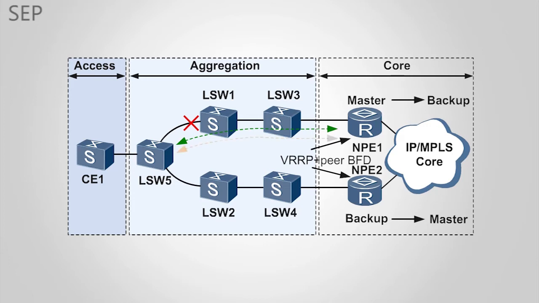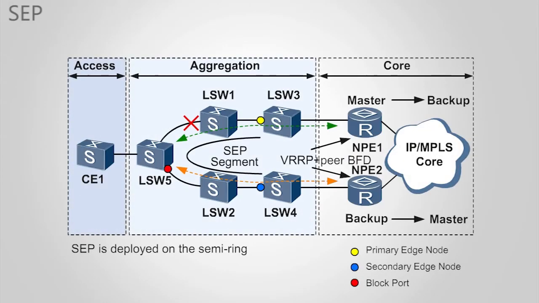If SEP is not configured, CE1 continues to forward traffic along the original path to NPE1, but NPE1 has become the VRRP backup device and does not forward traffic. Traffic forwarding is interrupted.